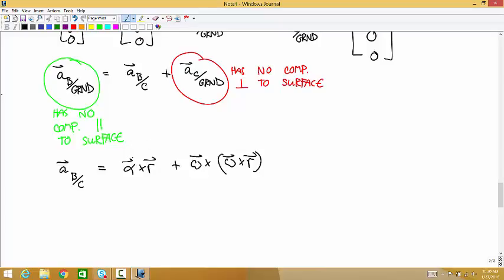This is the term. Okay, so let's see. This term is parallel to the surface, because that's the tangential acceleration.